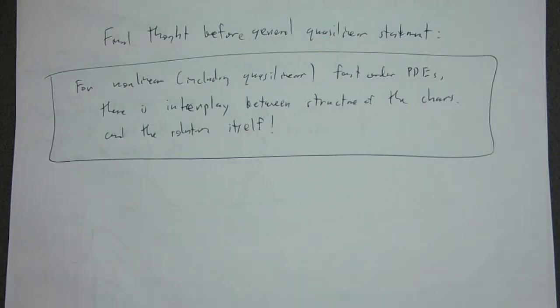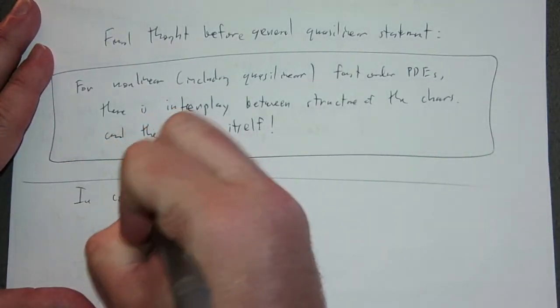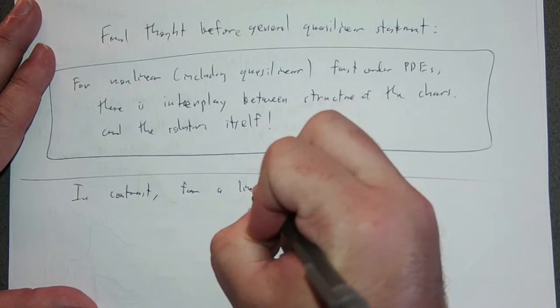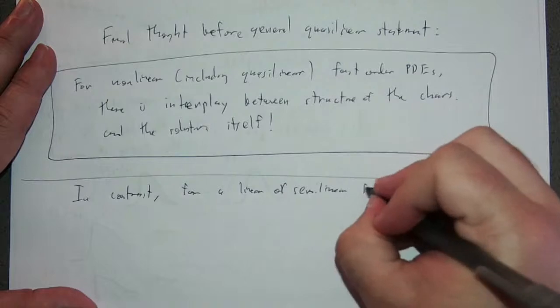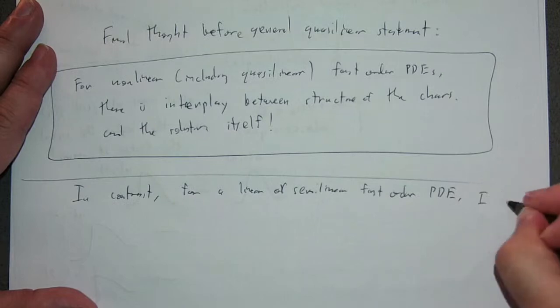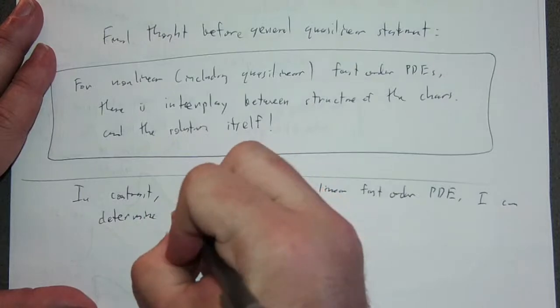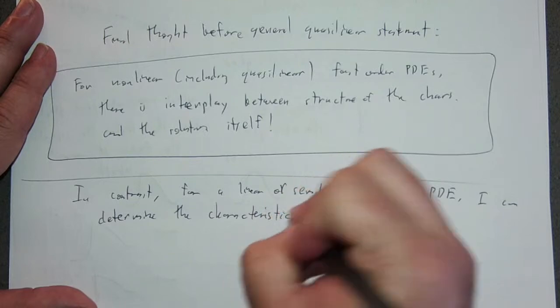So we saw this previously, or I mentioned this in the previous lecture. In contrast, for a linear or semilinear first order PDE, I can determine the characteristics, right?